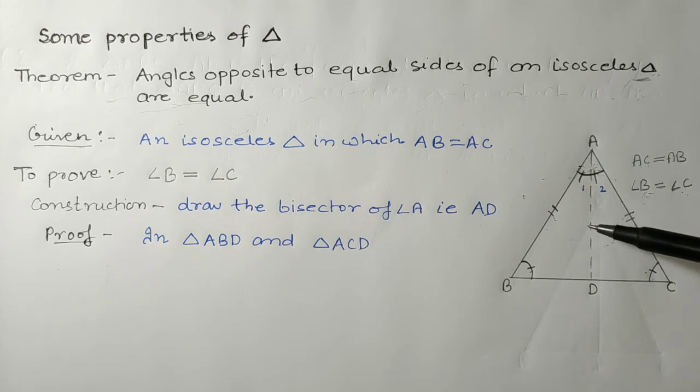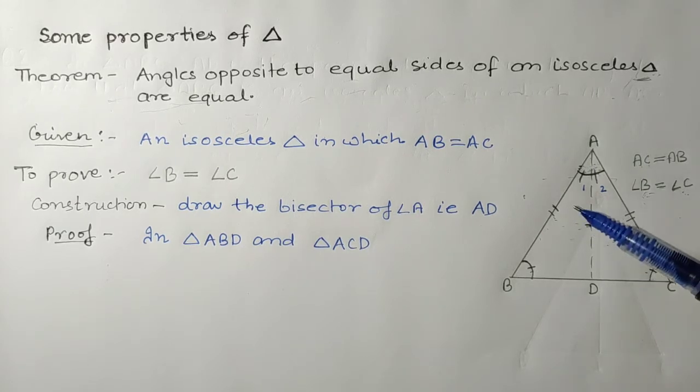After drawing this, we also have this side, and that is common for both of the triangles. So we can prove these two triangles congruent by side angle side. This side is equal, this angle is equal, and this side is common.